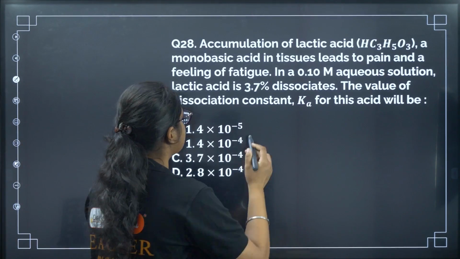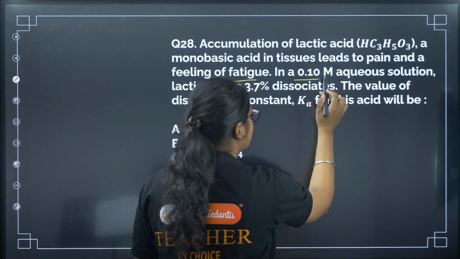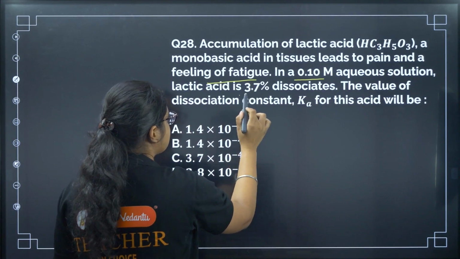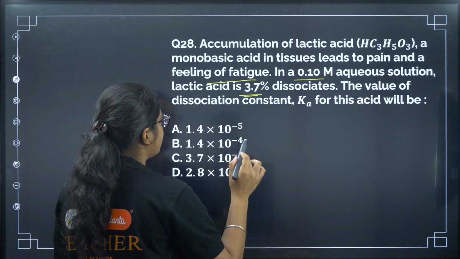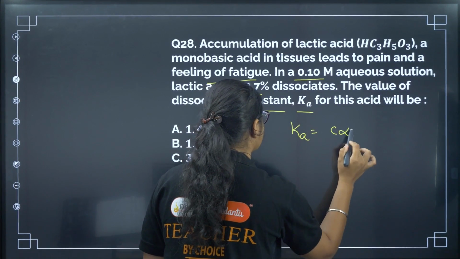Accumulation of lactic acid, a monobasic acid, in tissue leads to pain and feeling of fatigue. In a 0.1 molar aqueous solution, lactic acid is 3.7% dissociated. What is the value of the dissociation constant Ka? So we know Ka is nothing but C alpha square.